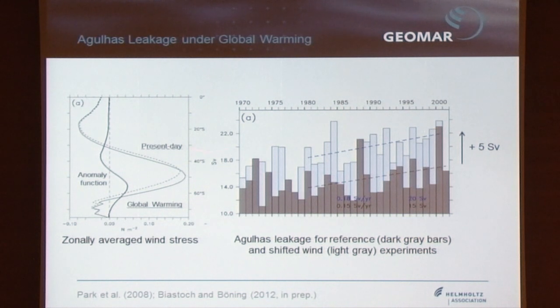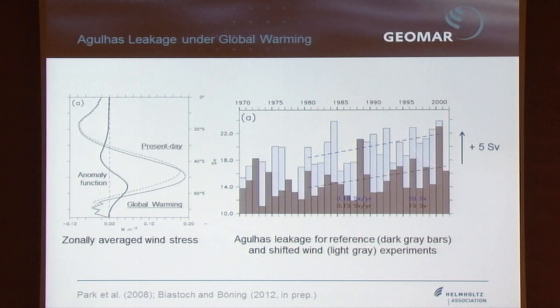The present-day experiments, this is what I've shown earlier, that of course also contains the anthropogenic climate effect, has this 25% increase. If we then run the same experiment by applying that anomaly function, constantly pushing the southern hemisphere westerlies to the south, we are entering a different state.